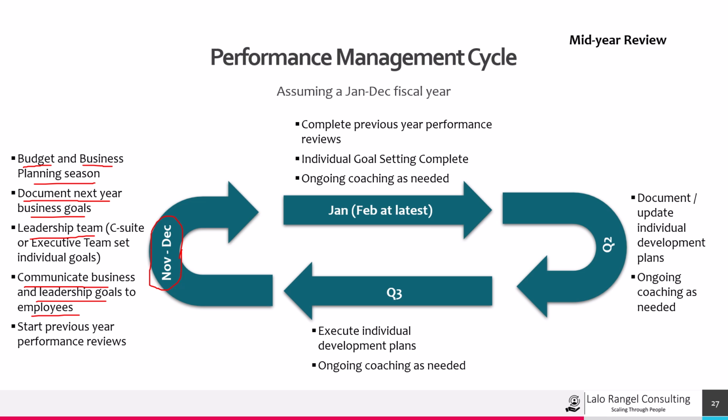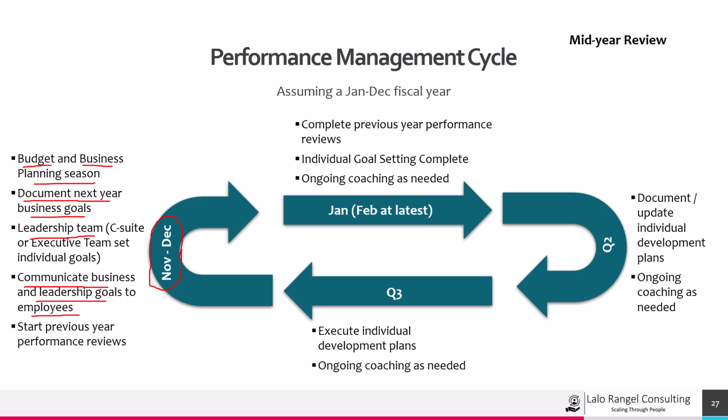They probably have some idea of the operating plan from the financial standpoint, but it's really important that these business goals, organization goals, are communicated before the year begins, before the previous year ends.